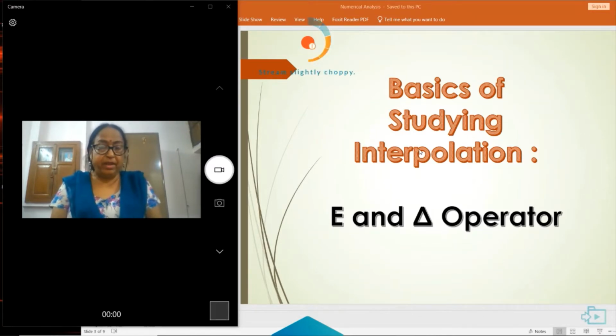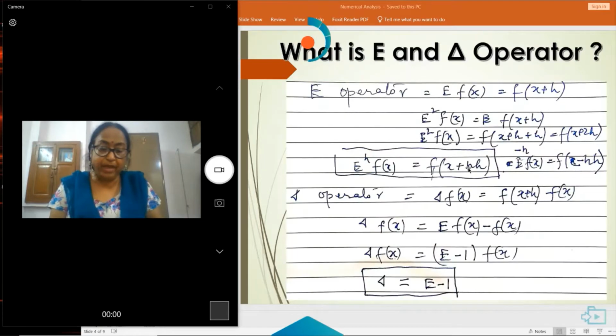That is the E operator and the delta operator. Without knowing the idea of these two, we cannot go further in this chapter. So I am explaining about the E operator and the delta operator.